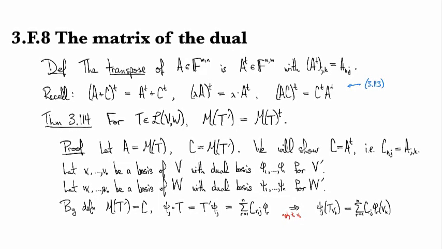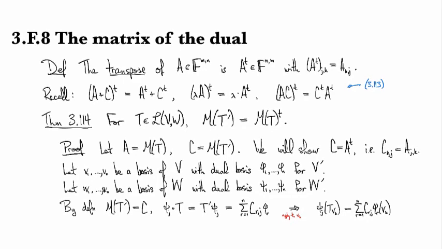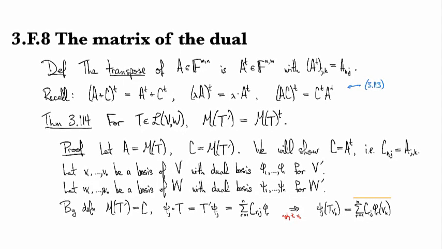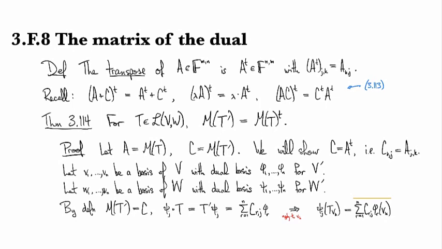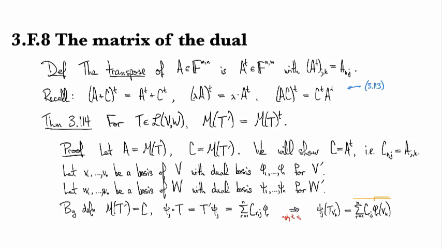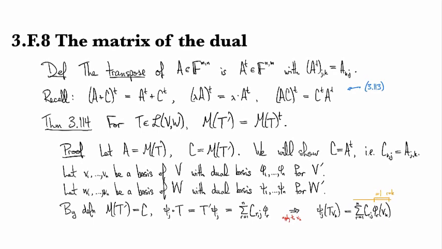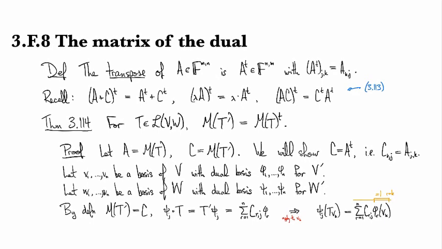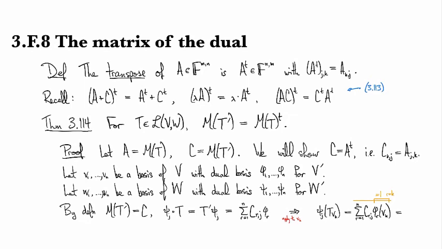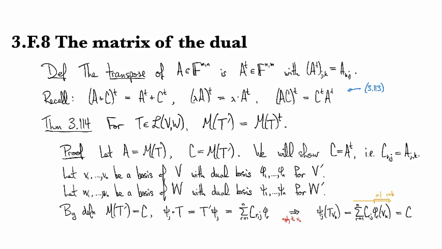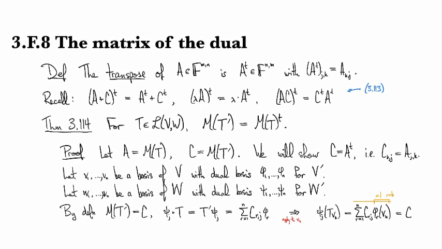By the definition of the dual basis, this part is going to equal 1 when r matches k, and otherwise 0, and we just get that one single term out of the sum. So that's going to be C_kj.